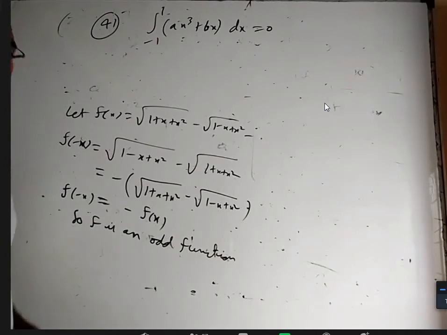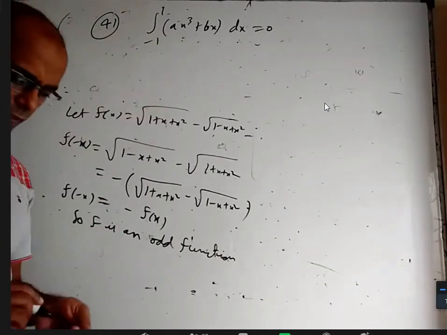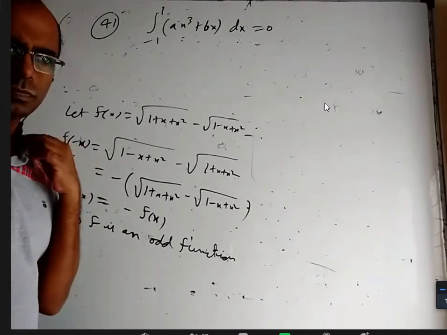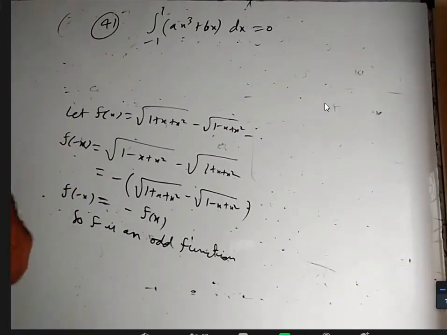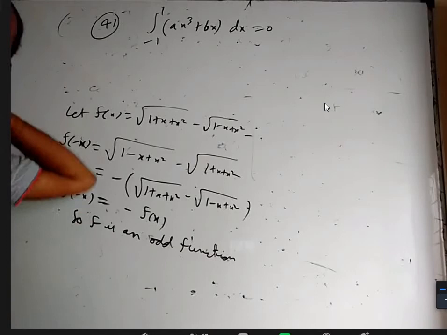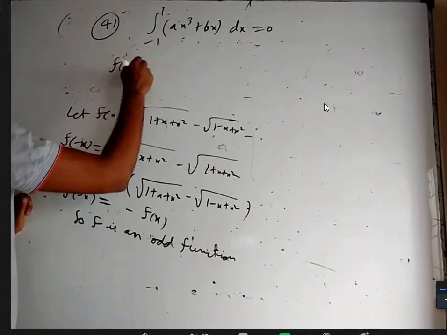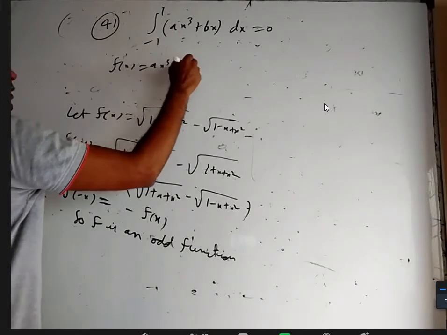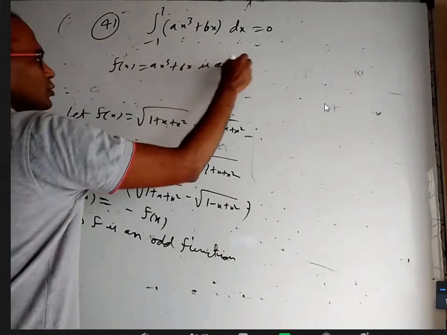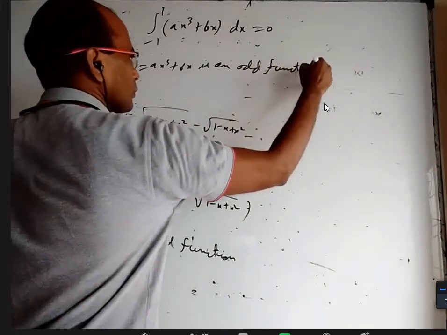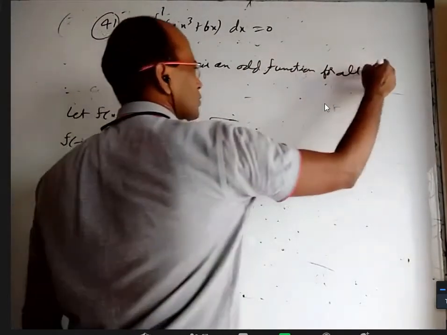Is ax cube plus bx an odd function? Yes or no? Yes, sir. Is it for some values of a and b, or for all values of a and b? All values. So f of x is equal to ax cube plus bx is an odd function for all values of a and b.